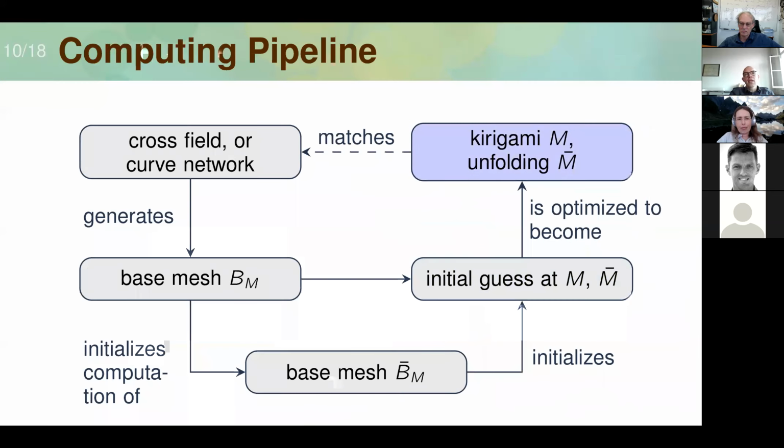Unless we have the more highly constrained Kirigami, so just a box or a checkerboard box, we can start with the orthogonal curve network or a cross field. This is the designer's choice. From this, the initialization is made. So the initialization is the base mesh. You convert the cross field to a quad mesh, for example, using the paper on deriving a quad mesh from a cross field.